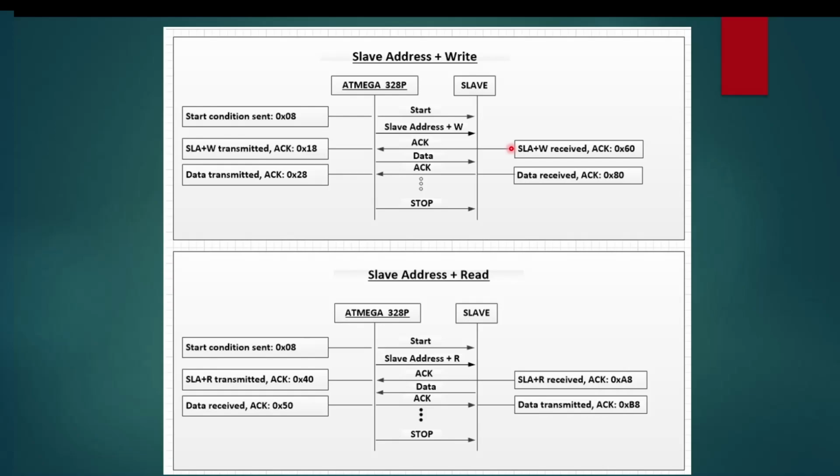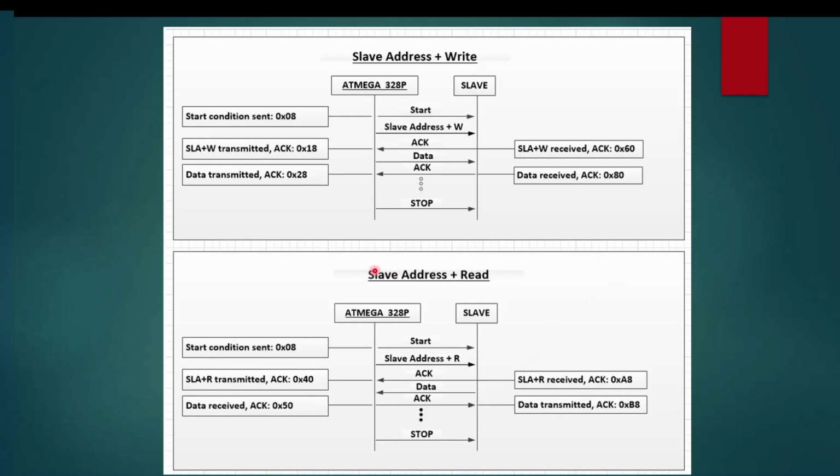At that point, it starts monitoring the status register again, and when it gets a code 80 in hex, it knows that data has arrived and been acknowledged, and it goes and gets that data. After getting that data, it goes back to monitoring the status register, and every time it gets a code 80 hex, it grabs the data. It's going to continue to do this until the bus is released.